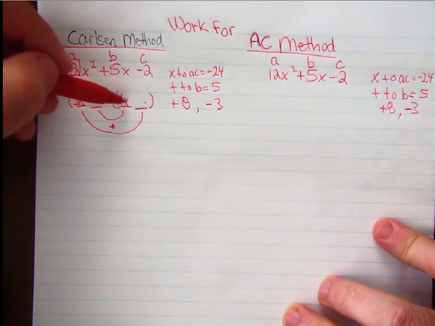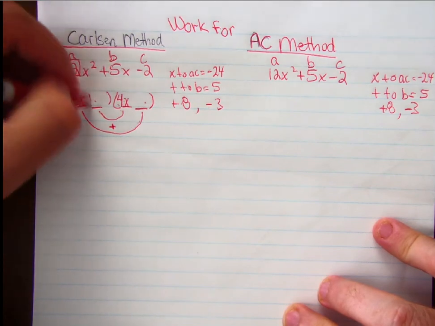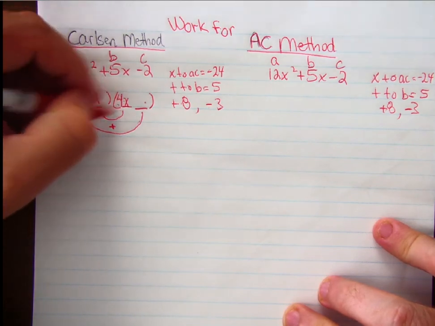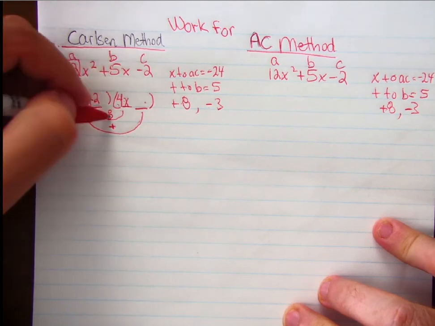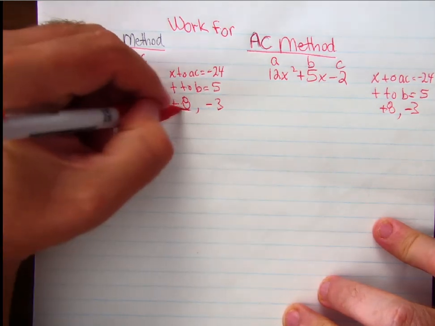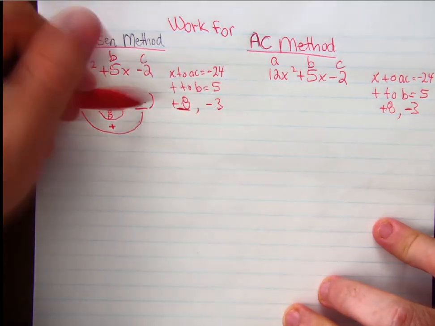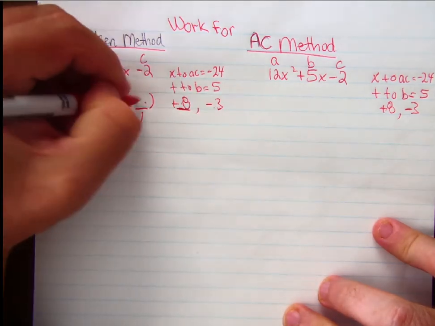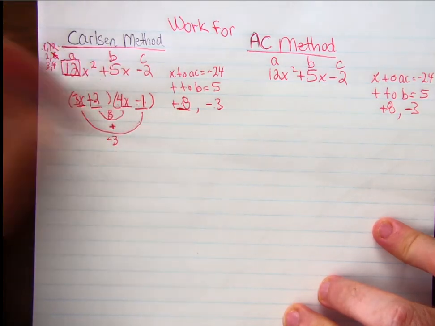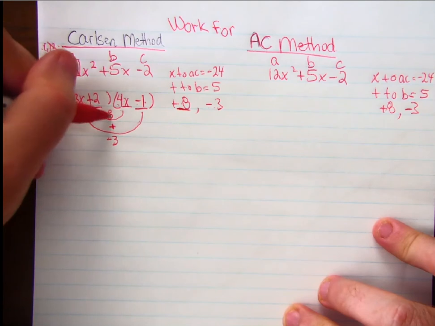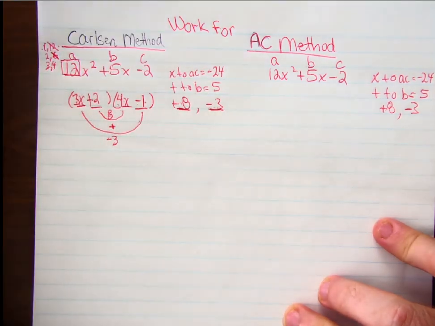So 4x times what is positive 8? 4 times 2. Put the 8 right there, taking care of this 8. Now you have to take care of the -3. 3 times what gives me -3? -1. Put the -3 there. 3 times -1 is -3. So I've taken care of both of these numbers, and there's your answer.